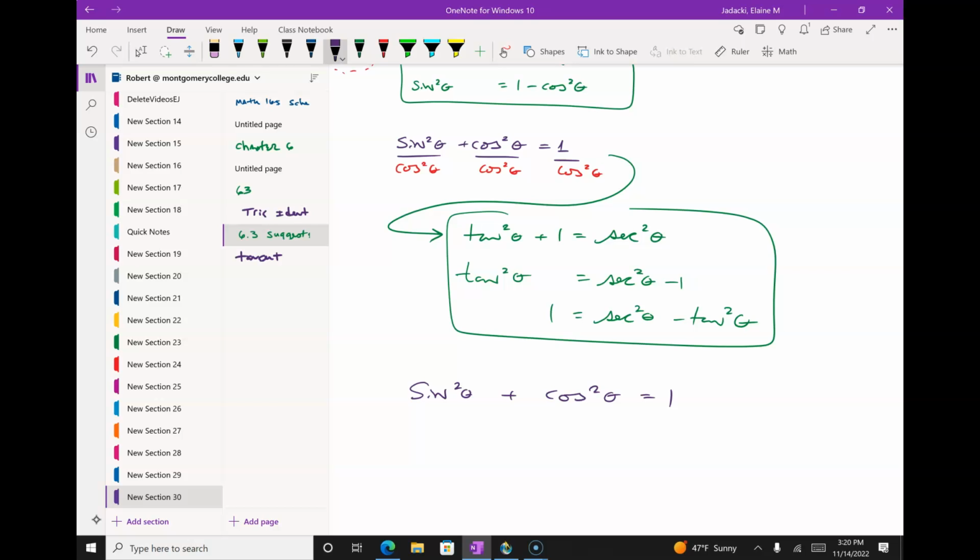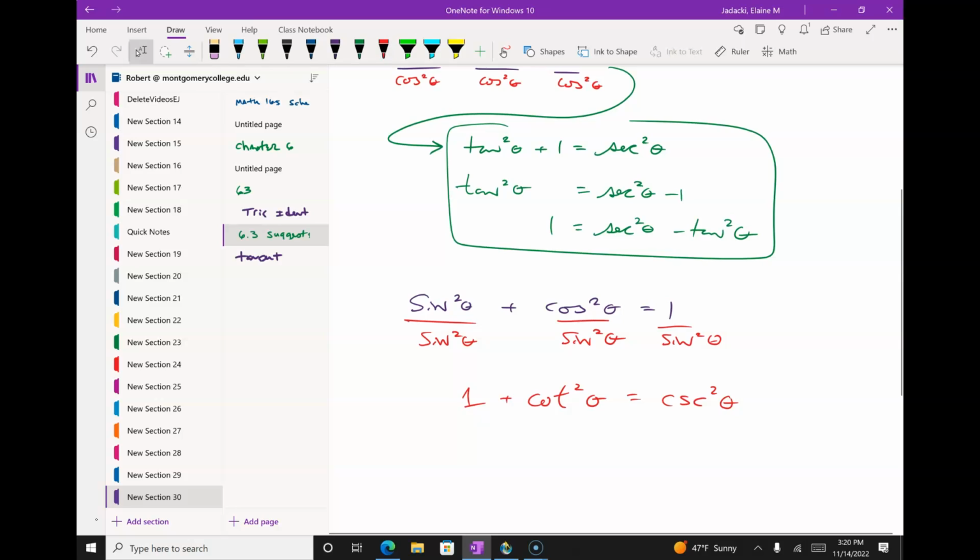Yeah, that's my only other choice, right? If I divide by 1, it's kind of boring. So I'm going to divide by sine squared. And I get 1 plus cotangent squared equals cosecant squared. Right? 1 over sine is cosecant.